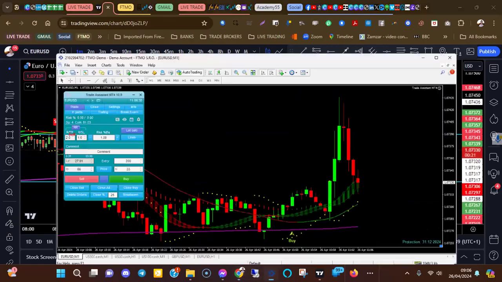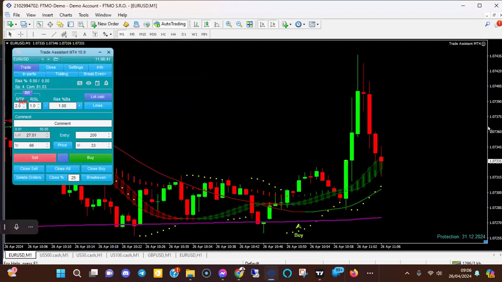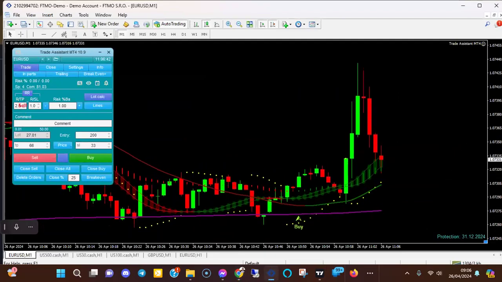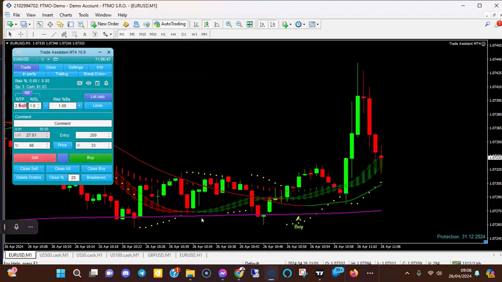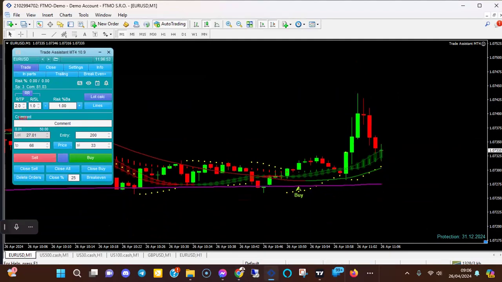But I think I'll put it over to MT4 now, just to see. It could be coming down to meet this purple EMA line again before shooting off back again. We will see, because we've got imbalance areas here now that need to be filled.